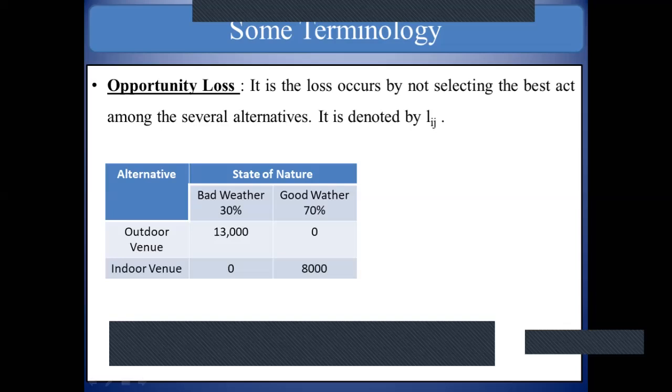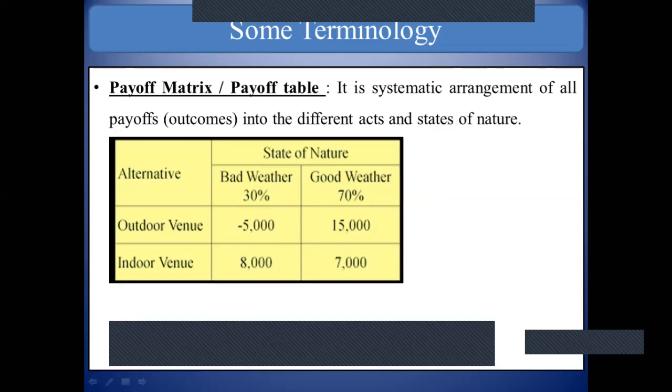For example, in our earlier example, suppose you select the outdoor game, then you will lose 5,000 rupees. But if you select the indoor venue, then you will earn 8,000 rupees. So when the weather is bad, it is advisable to select the indoor venue rather than the outdoor venue.